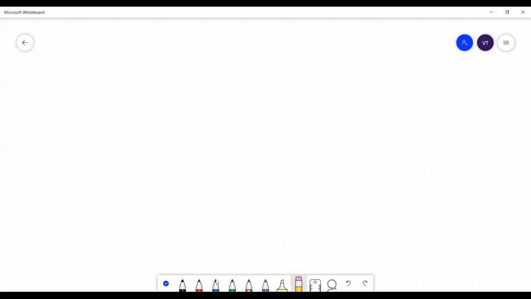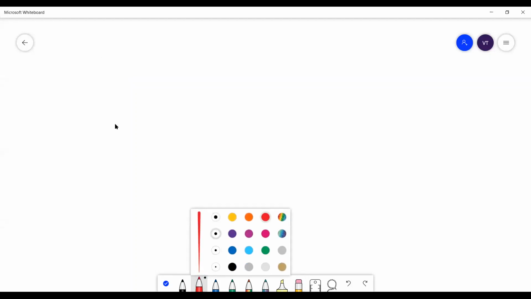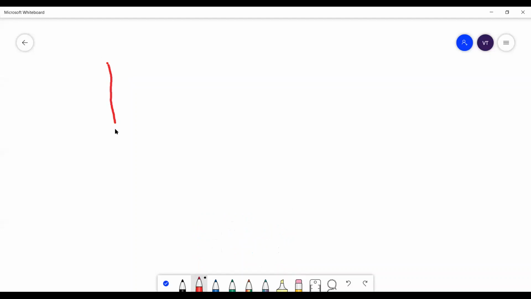Okay, so let me look at the sequence which is marked like this.